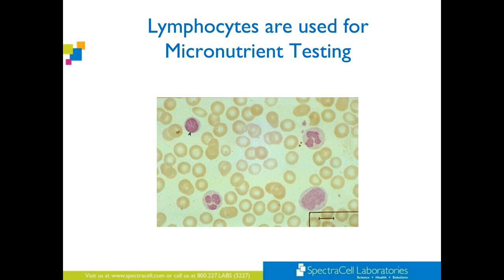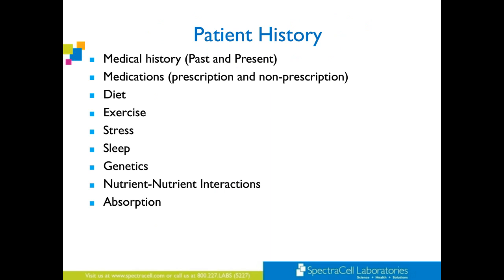In the first webinar of this month, we went in depth on how that is performed in the laboratory. We also mentioned last time how the patient history really affects the individual, and these are some of the main things we look at when we're trying to determine why a person may feel the way they feel or may be deficient in a particular nutrient. There are some other ones that come into play, but these are probably the more common ones that we look at.